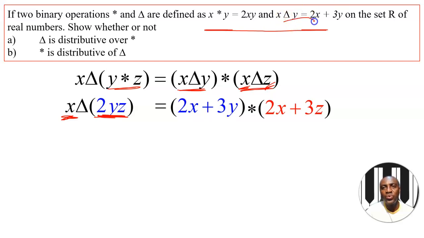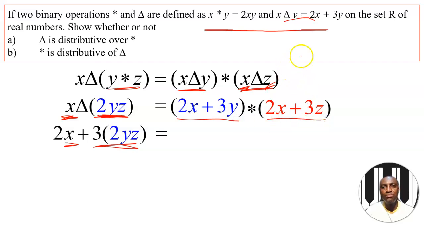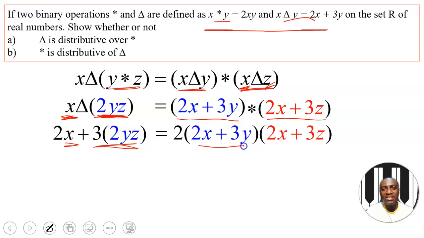By that definition, we have 2 times the first number plus 3 times the second number, is equal to, here too, we are doing this star that, and that also comes to the portion here where we have 2 times the first times the second, and so 2 times the first times the second.